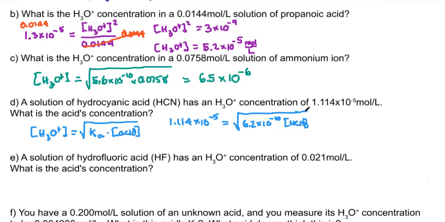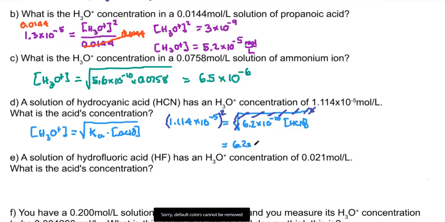First problem, the HCN is buried under a root sign and we want to strip that off. What's the opposite of square rooting something? Squaring it. If we square that and we square the right side, this square and the square root will kill each other. Those are just gone, leaving us with 6.2 times 10 to the minus 10 multiplied by the acid concentration.